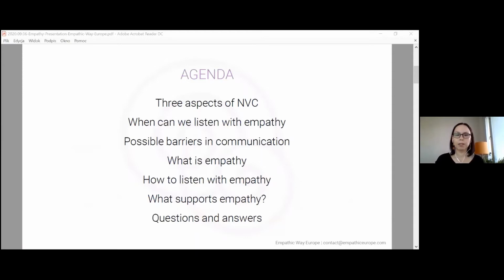Then I will present possible barriers in nonviolent communication, and we will make a short role play with Joachim. After that, I will tell you the definition of empathy according to nonviolent communication, and also how to listen with empathy. At the end, I will share what can support empathy, and I hope you will have some questions, so we will have a Q&A session after. So that's the plan.